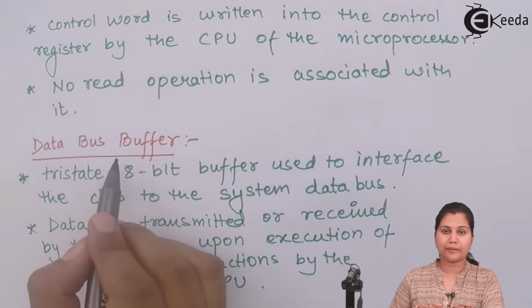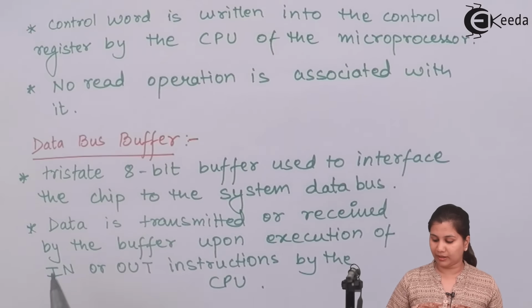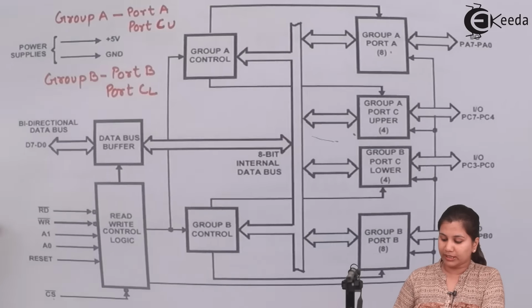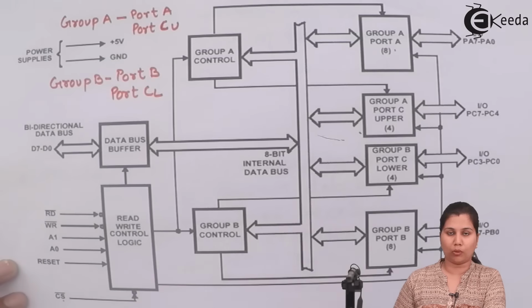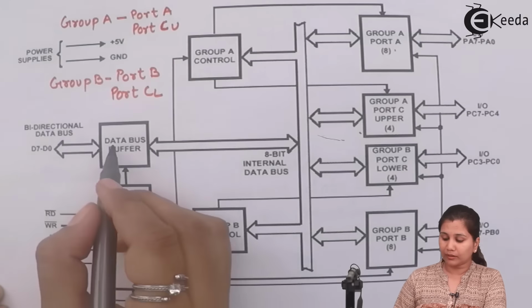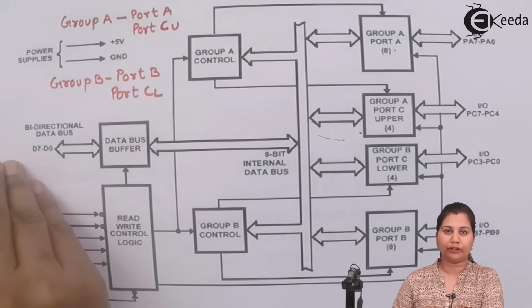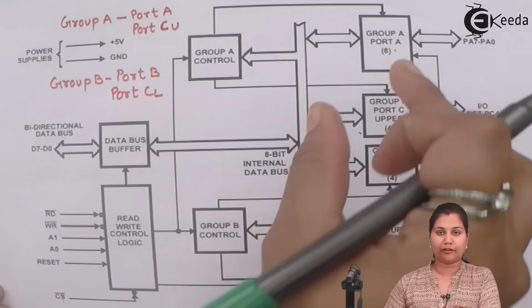Now, this data bus buffer transmits or receives data when the IN and OUT instructions are executed by the CPU of the microprocessor. It will read the data which is on the ports if the read signal is low and the IN instruction is given by the CPU.